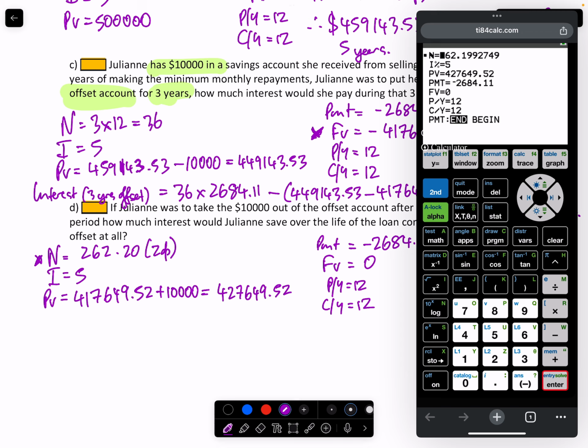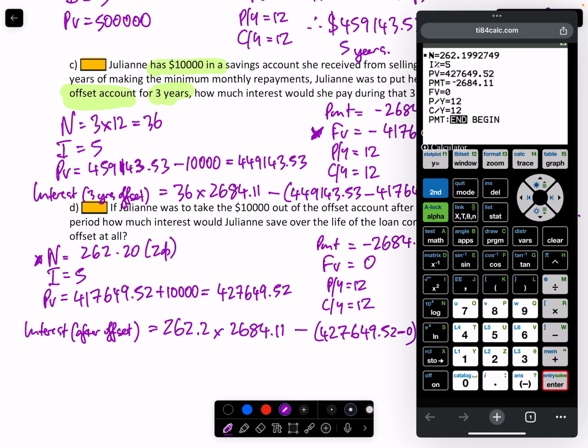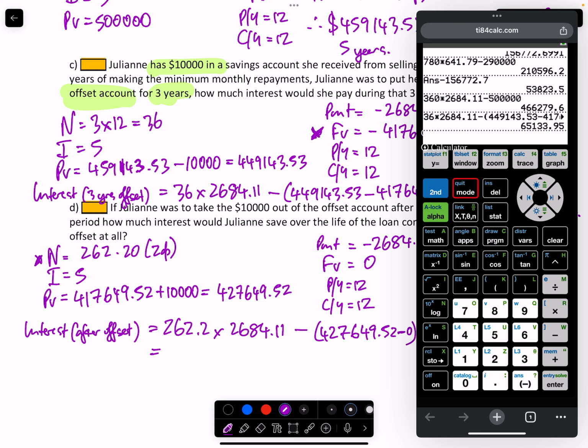So interest after offset is going to be 262.2 payments of 2684.11, take away 427,649.52 minus nothing. 262.2 times 2684.11, take away 427,649.52.